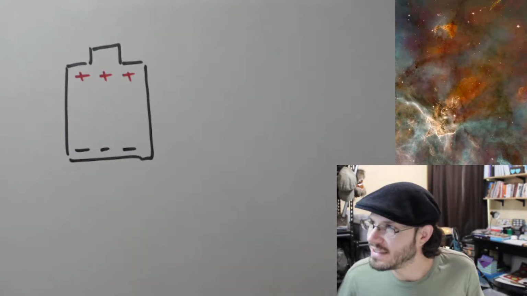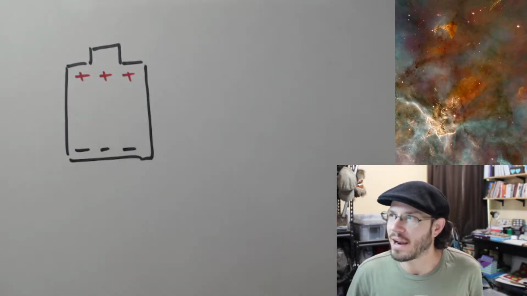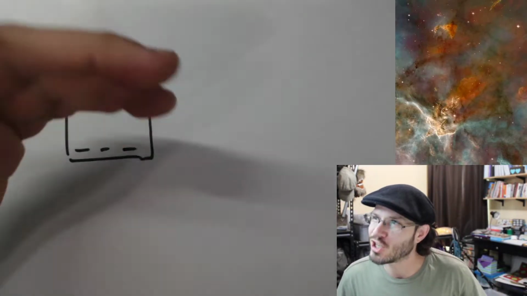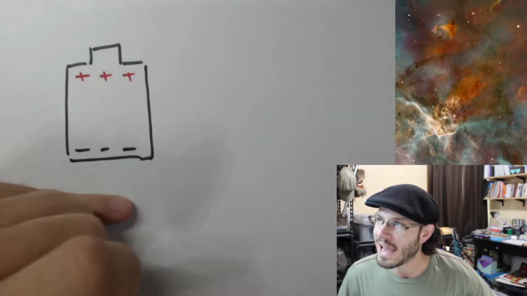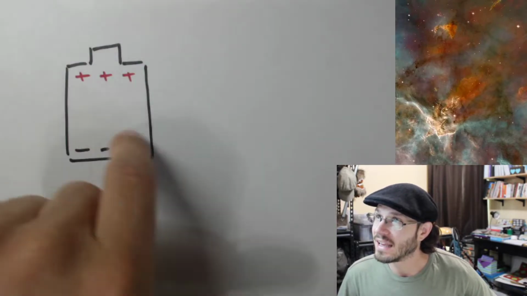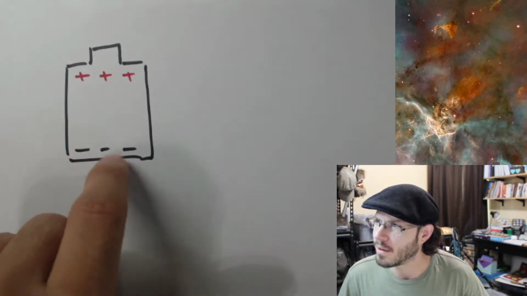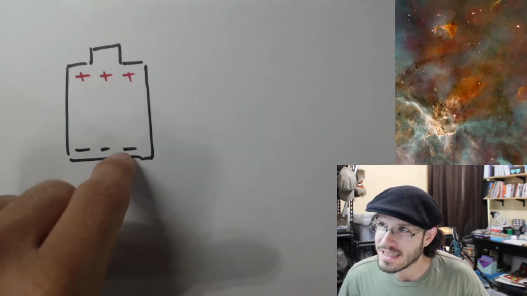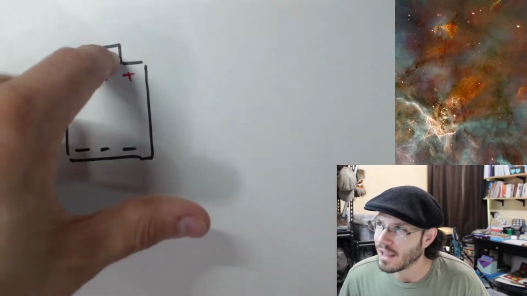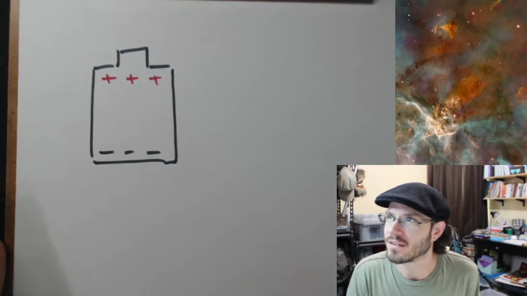As this battery sits here, notice something about it. It's got an imbalance of charge already internally created in the battery. It's got some positive charge at the top. It's got a negative charge at the bottom. In other words, excess electrons here, lack of electrons here.